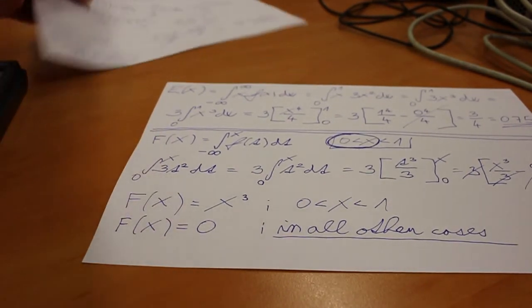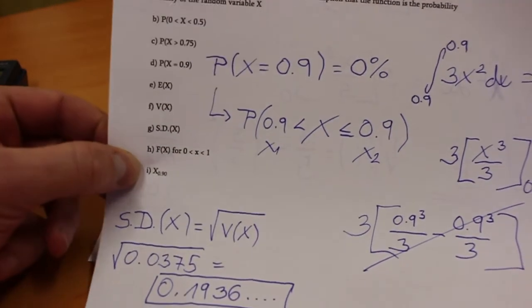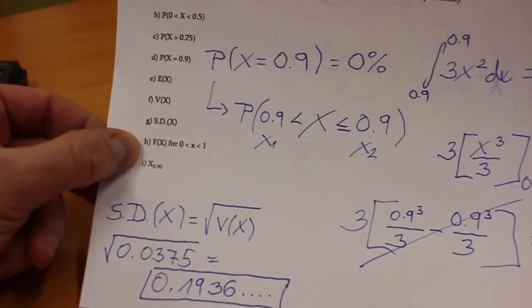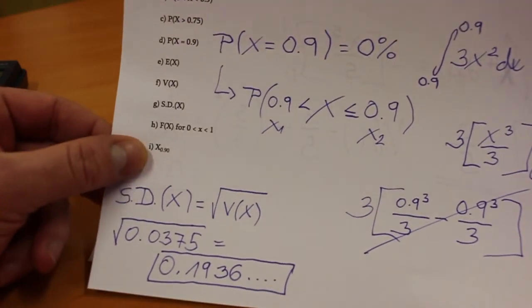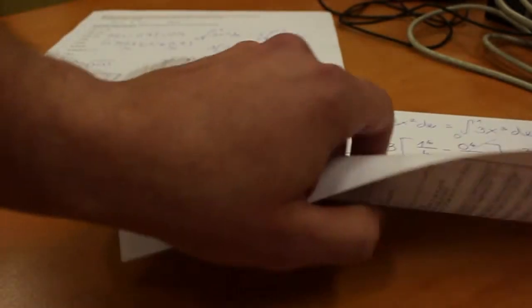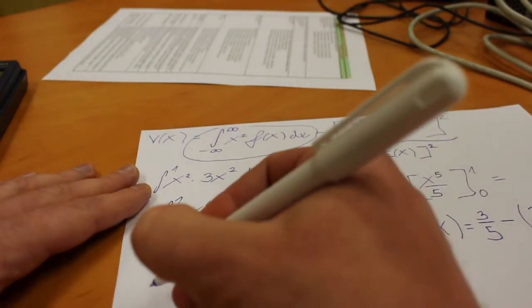And we will finish this example with the calculation of the p% quantile, the 90% quantile. The 90% quantile is calculated on the basis of the distribution function.